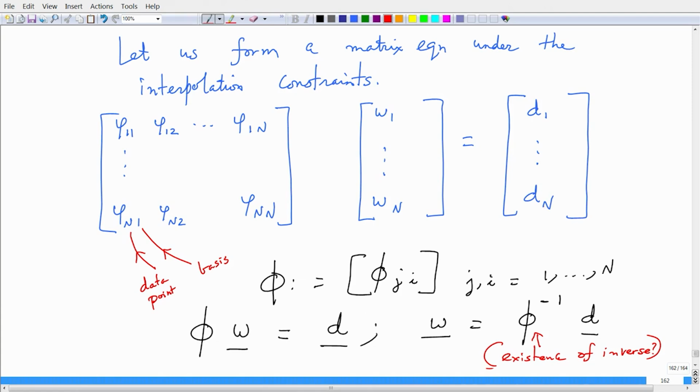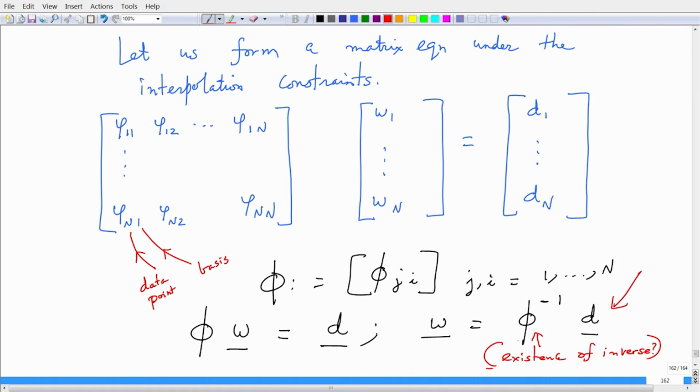So we form a matrix which is this big phi comprising of elements phi ji, j and i go from 1 to n. So we have this matrix equation which is phi times this weight vector W equals the desired vector D, which is straightforward. W is phi inverse D, right. This is a straightforward solution.